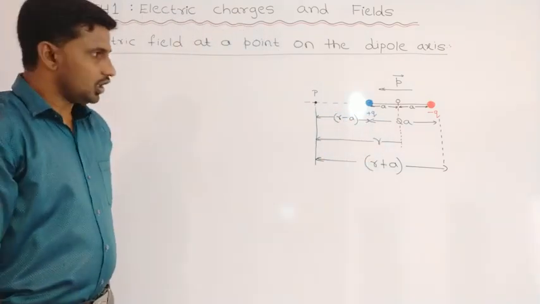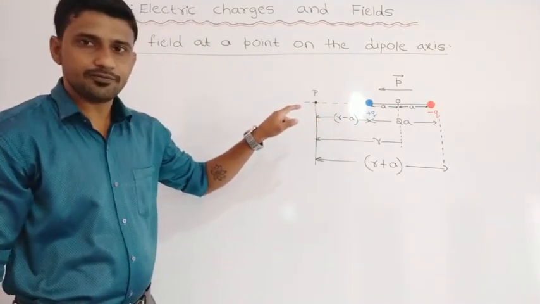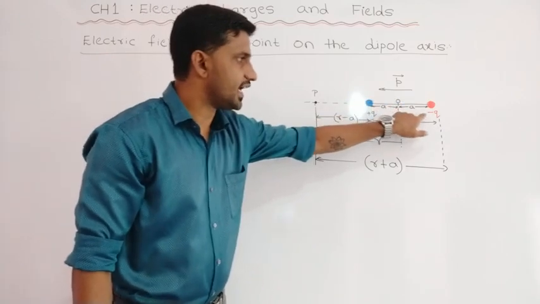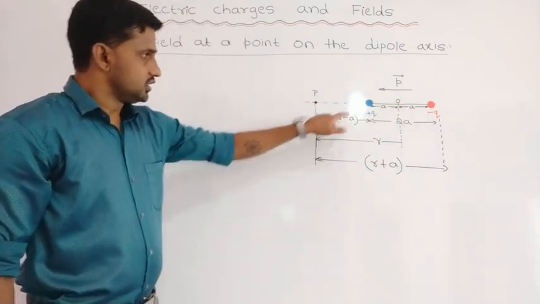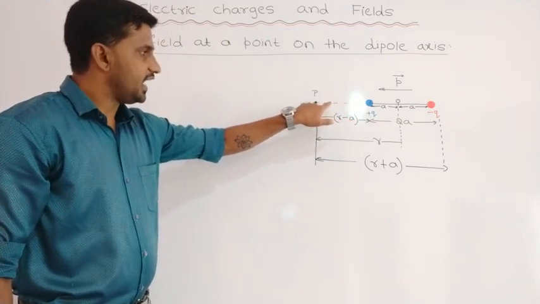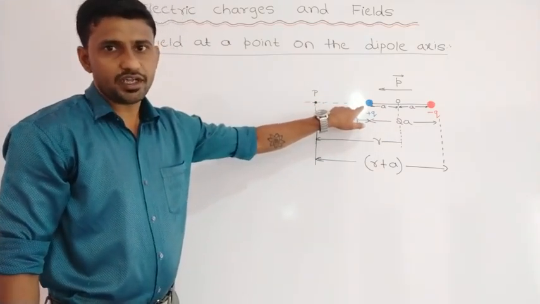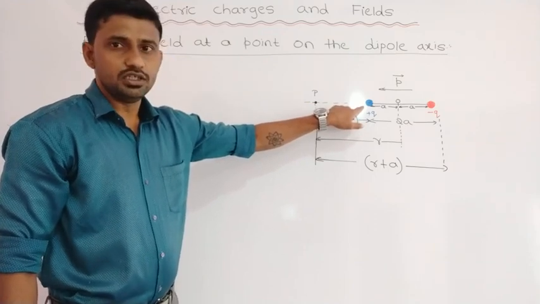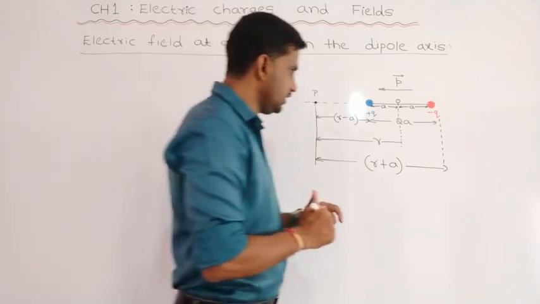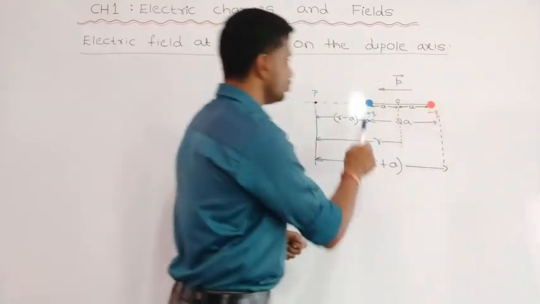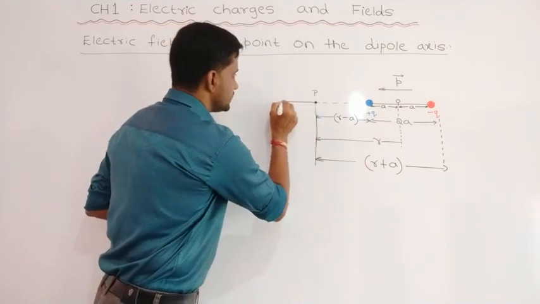Understood? Now I am going to show the direction of the electric field due to the positive charge and the negative charge at point P. First we will see the direction of the electric field at point P due to the positive charge. We know that due to a positive charge, the electric field direction is always outward. So the electric field direction at point P due to the positive charge is outward.